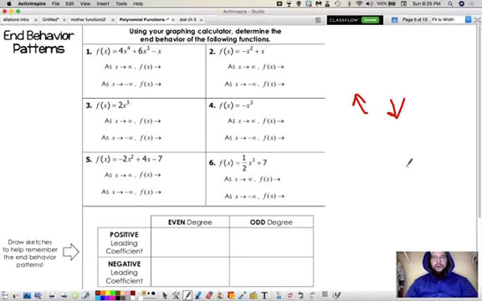So our end behavior could be up, down, constant. That's about it. Or non-existent, I guess, if you're looking at square roots. Let's not worry about it. It's either up, down, or flat, but it won't be flat for polynomials.